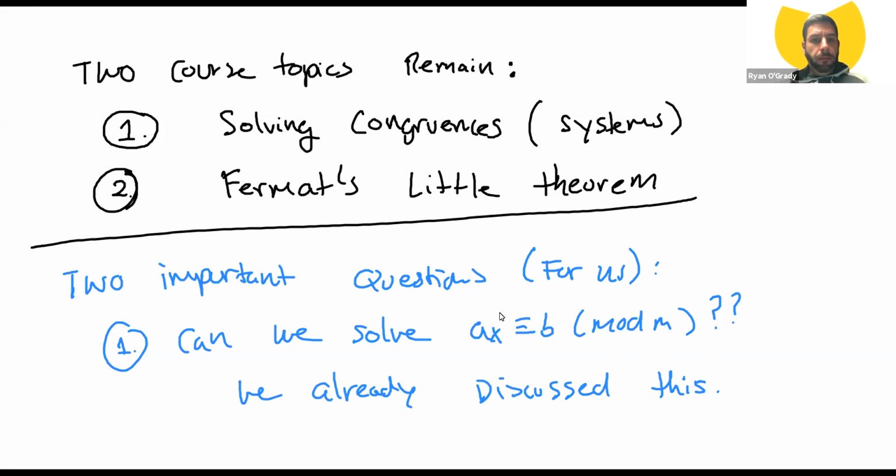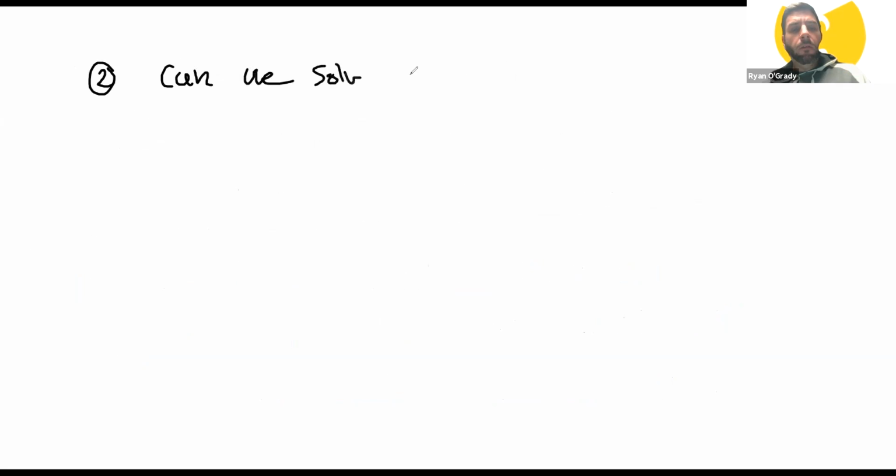And then if we go to the next page, the other question that we haven't discussed, well, maybe you've read about it, is can we solve a system? So what would a system look like? Well, if it's two equations, it might look something like this. X congruent to, say, B1 mod, we'll call it M sub 1.